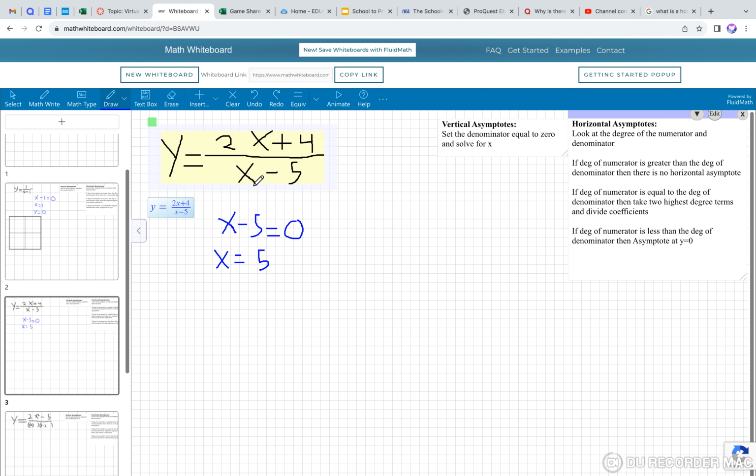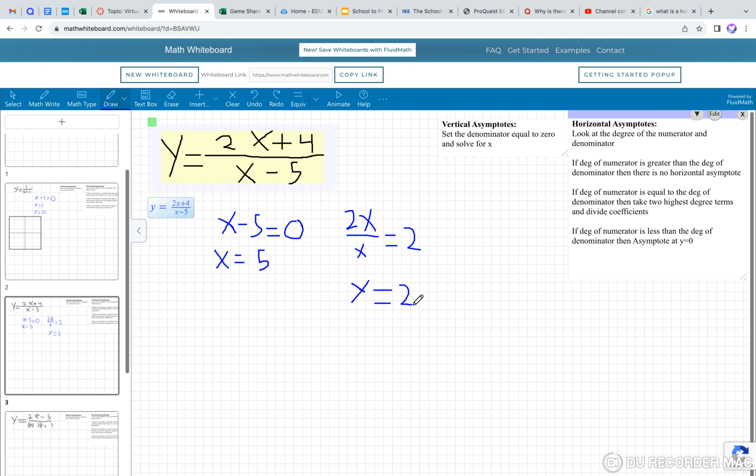If the degree of the numerator is equal to the degree of the denominator, then you take the two highest degree terms, which would be 2x on top and x on the bottom, and divide the coefficients. So you want to do 2x over x, which simplifies into 2. So there should be a horizontal asymptote at y equals 2.